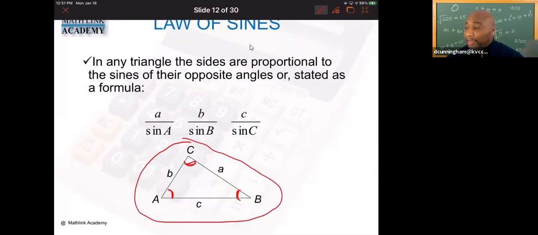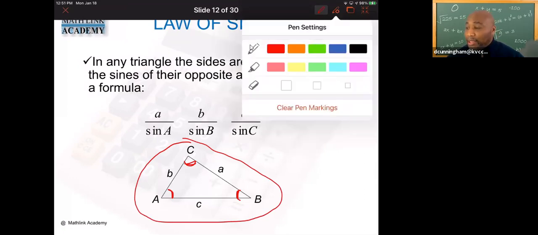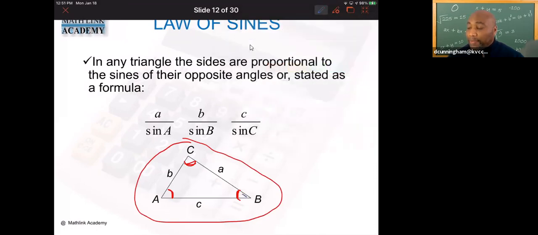So what I mean by that is, if you have angle B, which is a capital letter, the side b will be opposite, and it'll be a lowercase b. Angle A is right here, and so the side opposite A is a lowercase a, and the same thing for angle C and side c.